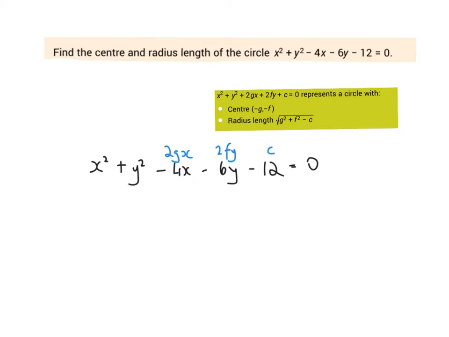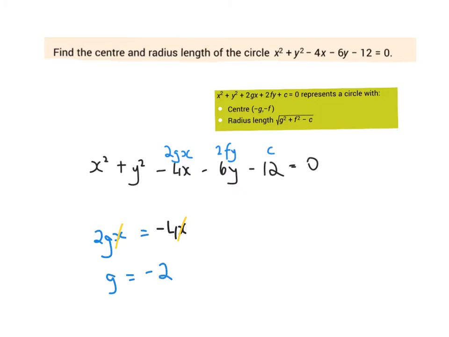So here, very quickly, all I can do is say, well, 2gx is equal to minus 4x. In a way, it's like terms together. The x's cancel, and so g is going to be equal to that divided by 2, so it's minus 2.